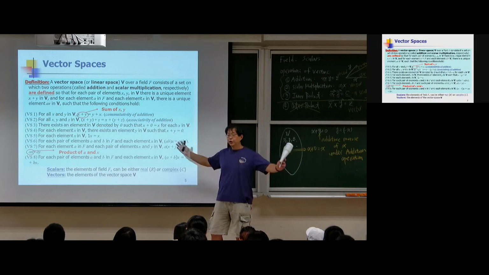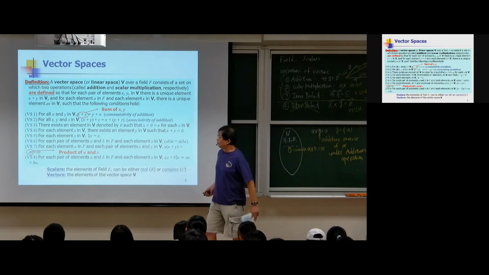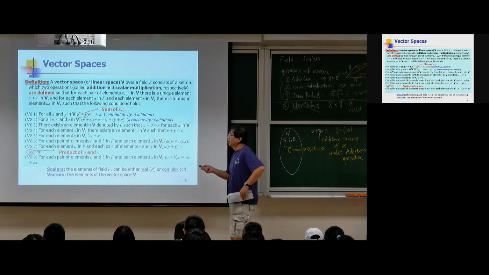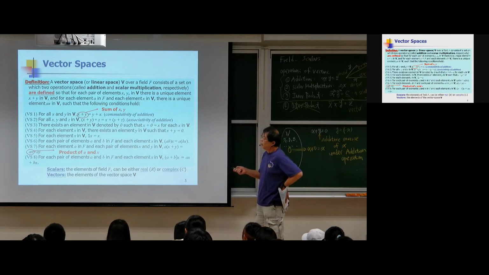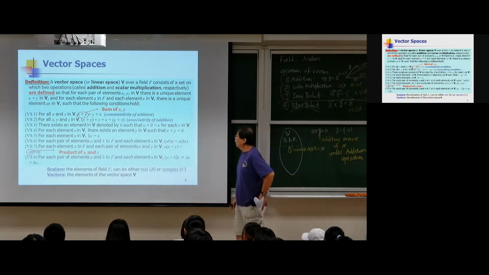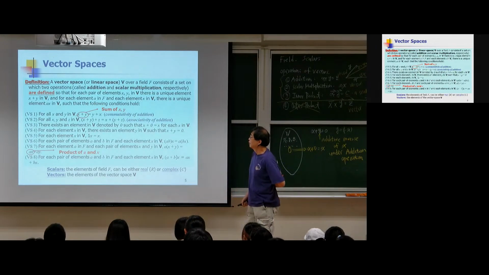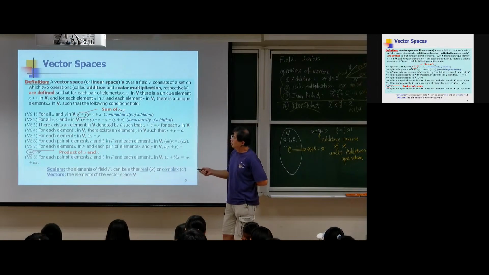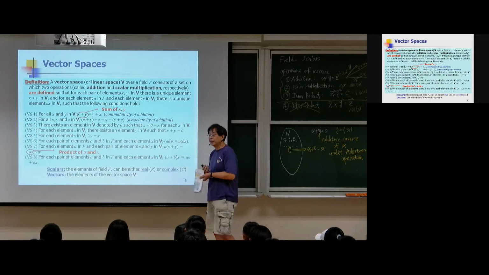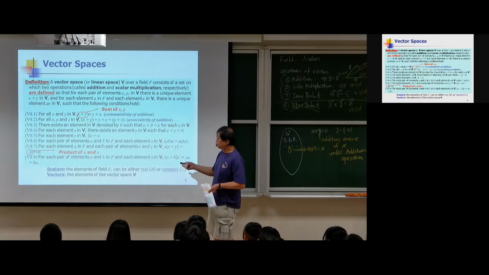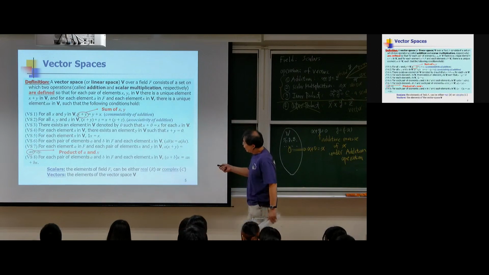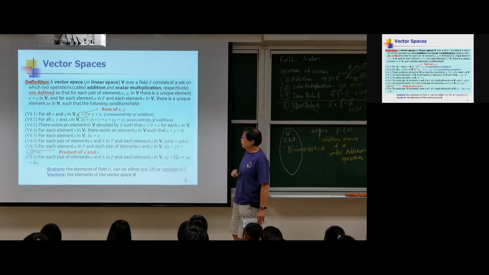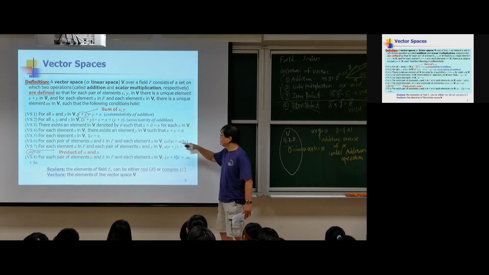So there is no stretching and no shrinking: 1 times X equals X. And also VS6: if I have two elements A and B in the field F, and each element X in V, then A times B, the multiplication of these two scalars, we multiply these two scalars first and then times the vector.